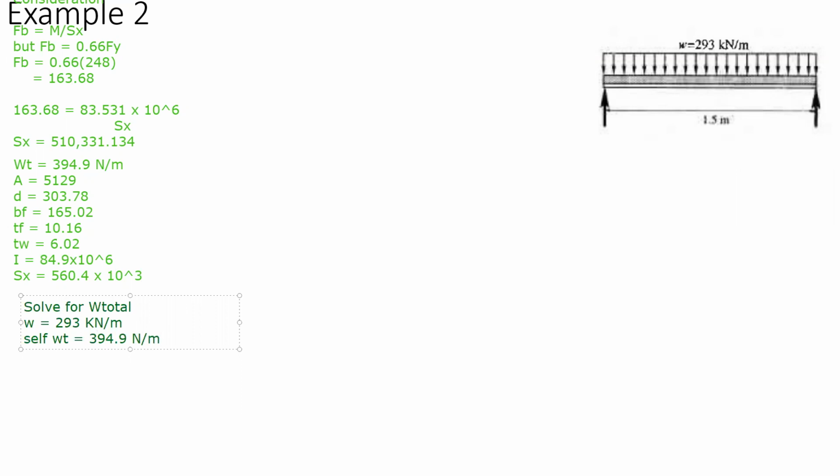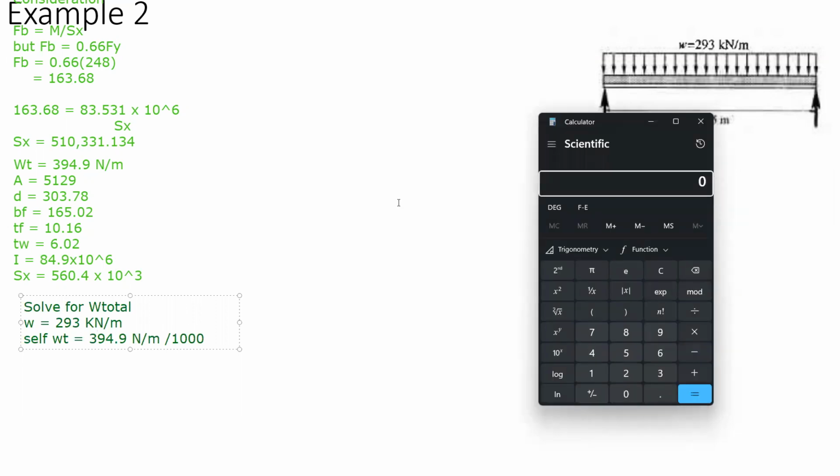If we convert this into kilonewton, we just divide it by 1,000 newtons per kilonewton. So this would be 394.9 divided by 1,000, 0.3949.